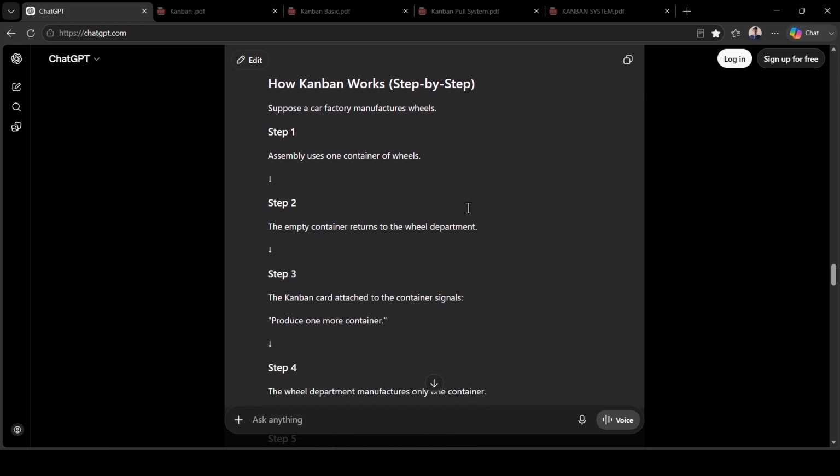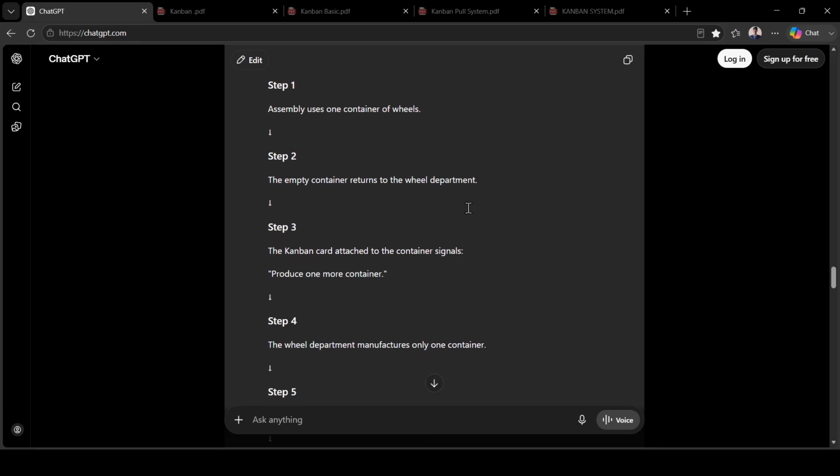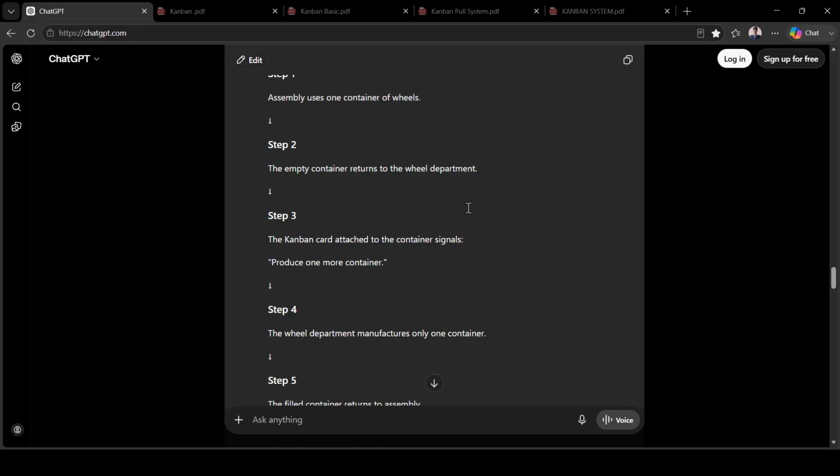How Kanban works step by step. Suppose a car factory manufactures wheels. Step 1. Assembly uses one container of wheels. Step 2. The empty container is returned to the wheel department. Step 3. The Kanban card attached to the container signals: produce one more container.